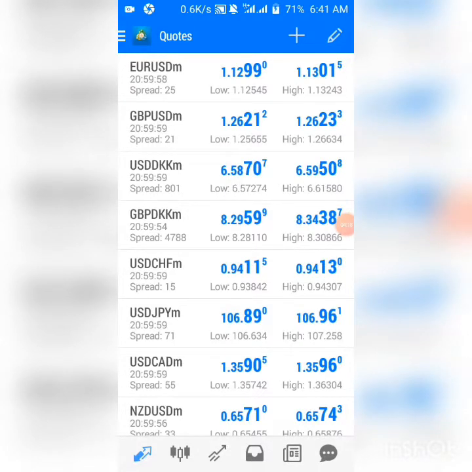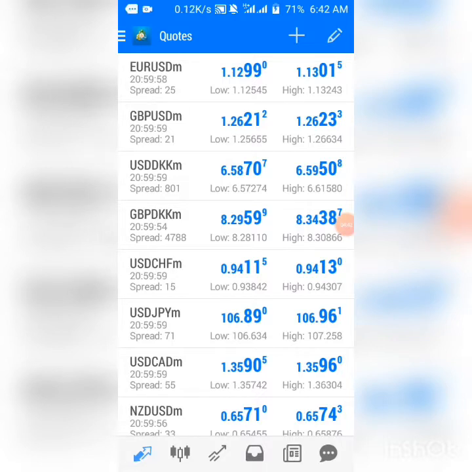So if you are going to buy, the broker Exness will allow you to buy at 1.12990, and if you are going to sell Euro USD, you'll be allowed to sell at 1.13015, so that the broker can make their spread. The spread is their own profit or their commission.